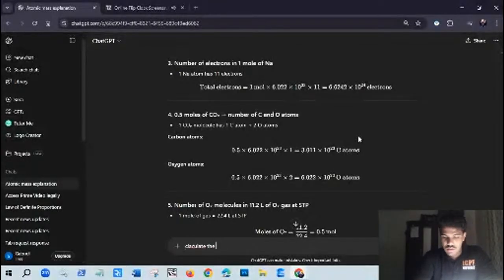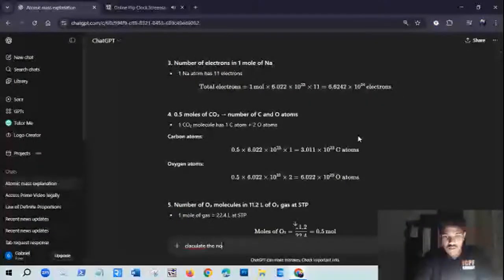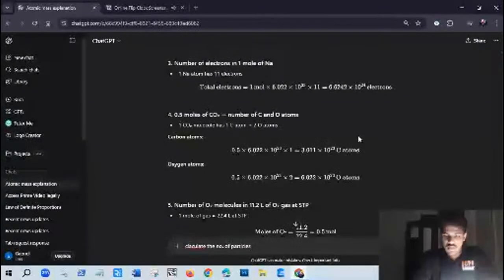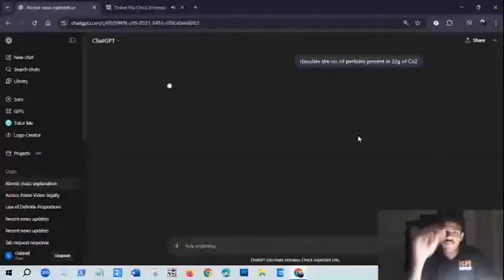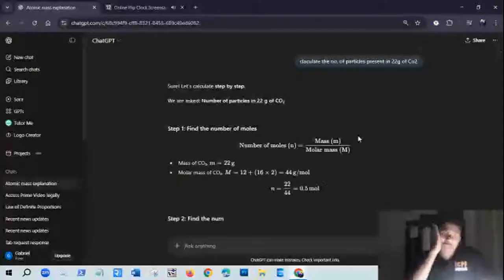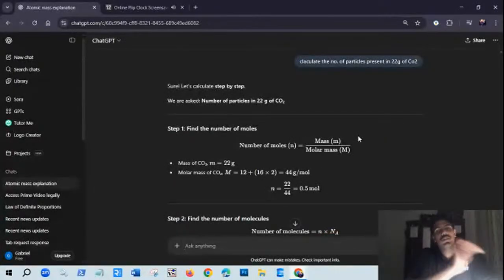Calculate the number of atoms in the given mass of CO2. So find the molar mass.